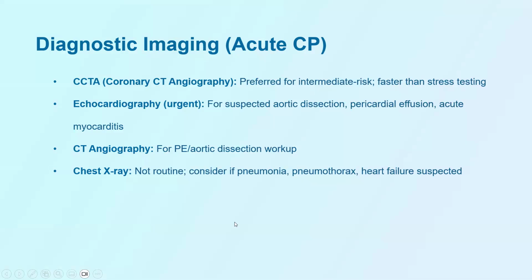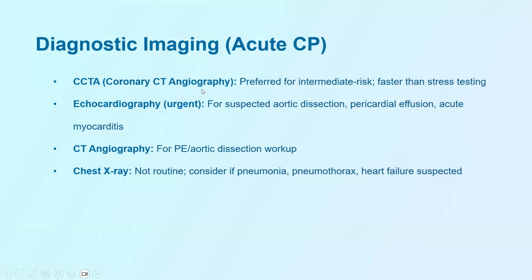Now, diagnostic imaging is usually reserved for specific cases. If someone has acute chest pain and we determine that they have intermediate risk, but they do not meet the criteria for undergoing catheterization or angiogram or another invasive procedure, we can do coronary CT-guided angiography for them.